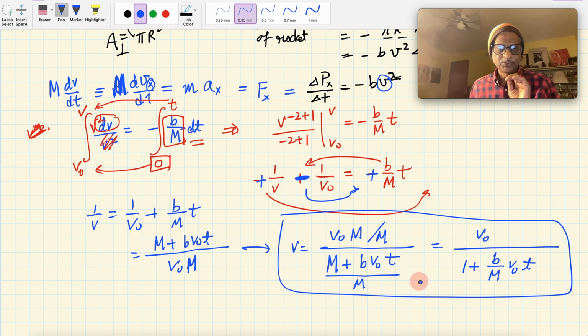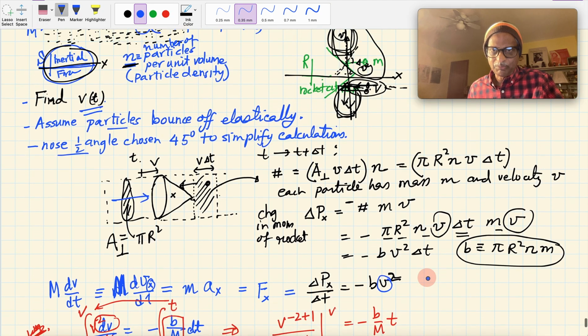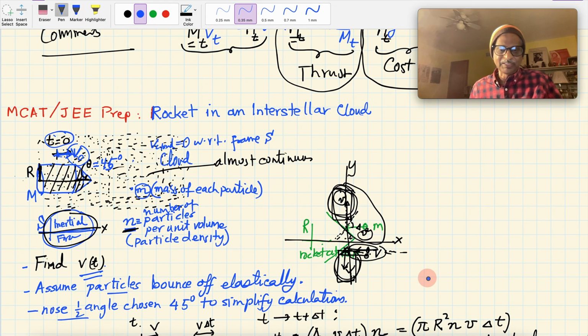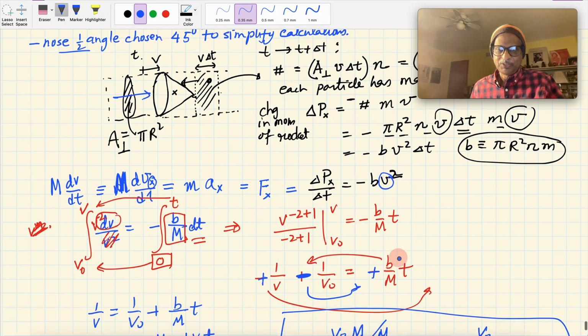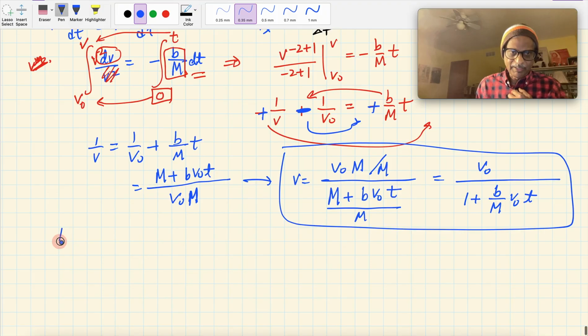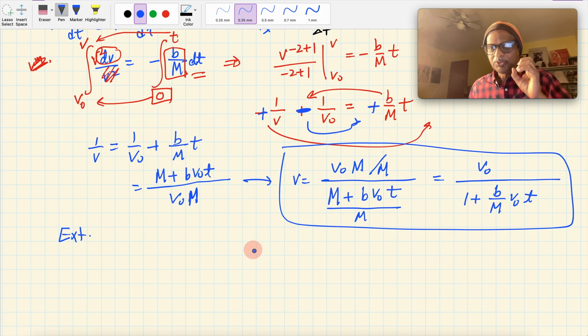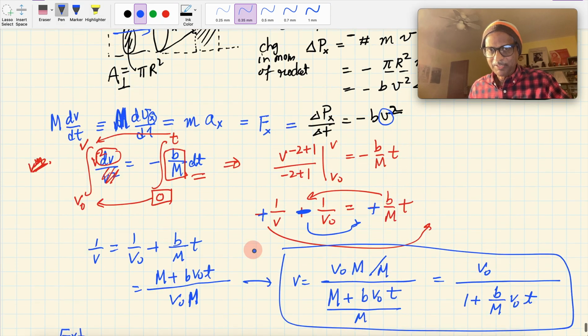All right, I think I'll leave it at that. This is a problem that shows up in tests quite a bit. An extension I can immediately see is that now the rocket is slowing down, so you'll need thrust to get past the cloud.